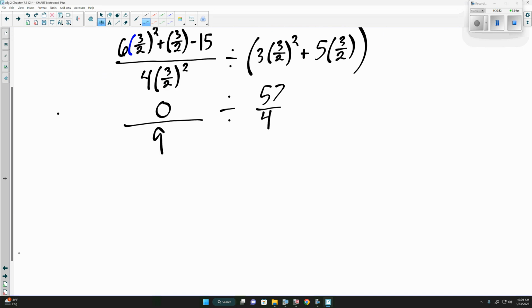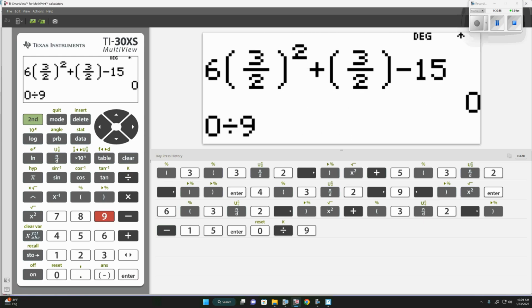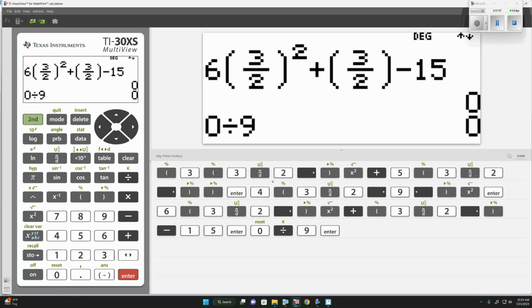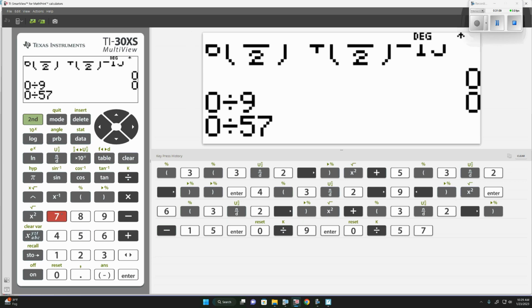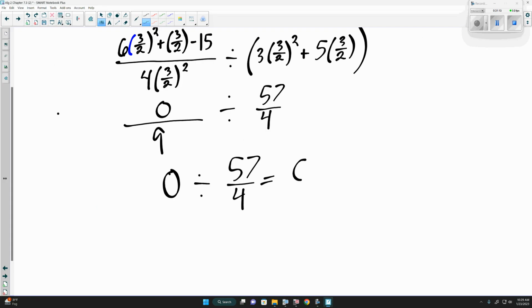Now, 0 divided by 9 is 0. Now we have 0 divided by 57/4. 0 divided by 57/4 is, so we do have a value, yes? Because we ended up with a value here.